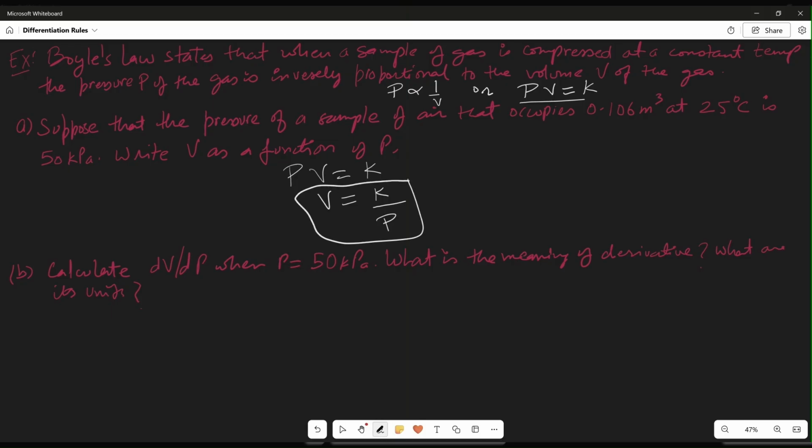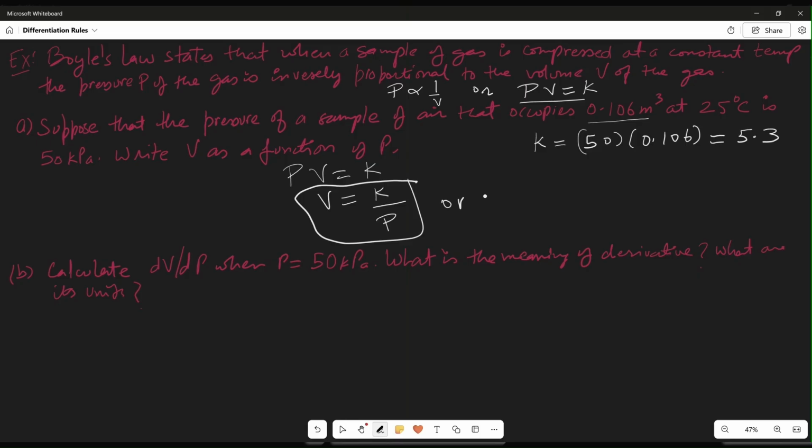Now we can find the constant value K. We have been given that pressure is 50 kilopascals, right? So 50 times volume, 0.106 m³, is simply equal to 5.3.